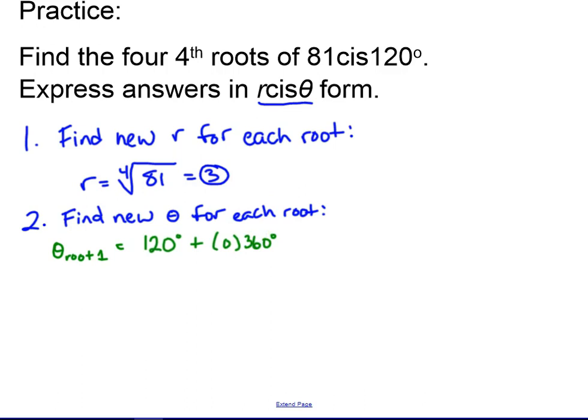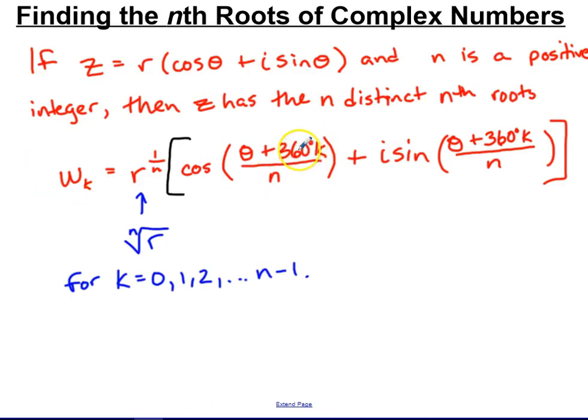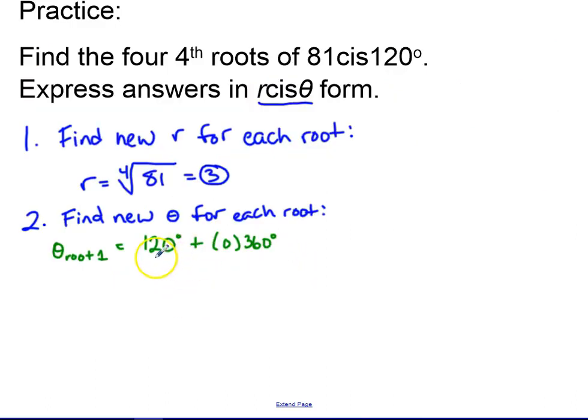Because remember, our theorem says you're going to add on 360 degrees k amount of times, with k being 0, then 1, then 2, all the way up until you get to 1 less than the root number. Then we divide by n, which is the amount of roots. So 120 over 4 works out to be 30 degrees.